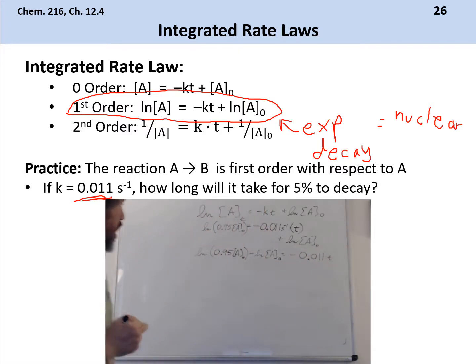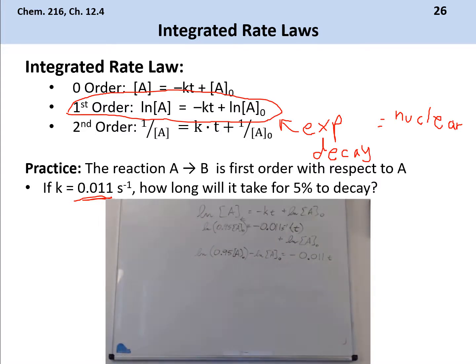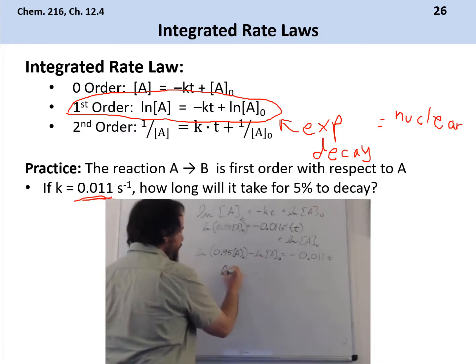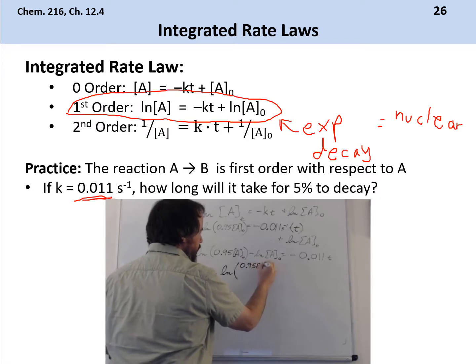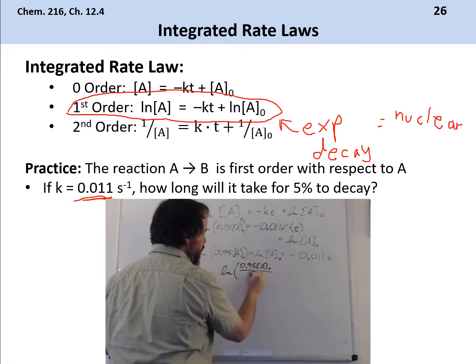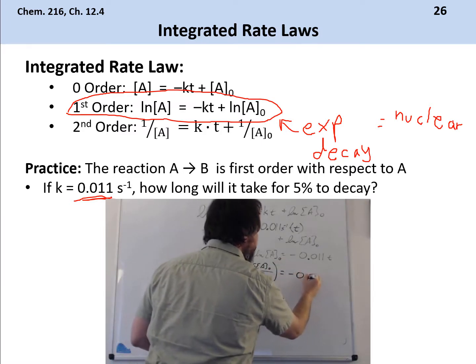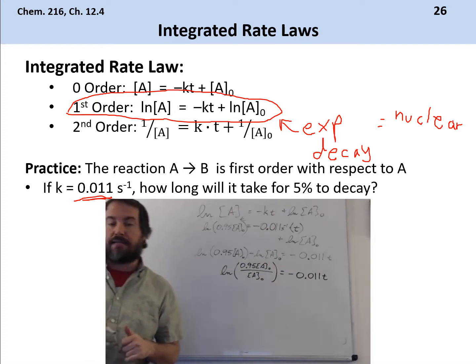All right, I can rearrange this, and I can use the fact that when I'm dealing with ln's, if I have ln of one thing minus ln of another, this is the same as ln of 0.95 A naught over A naught, my initial concentration, equals negative 0.011 t. This is a rule for natural logs.